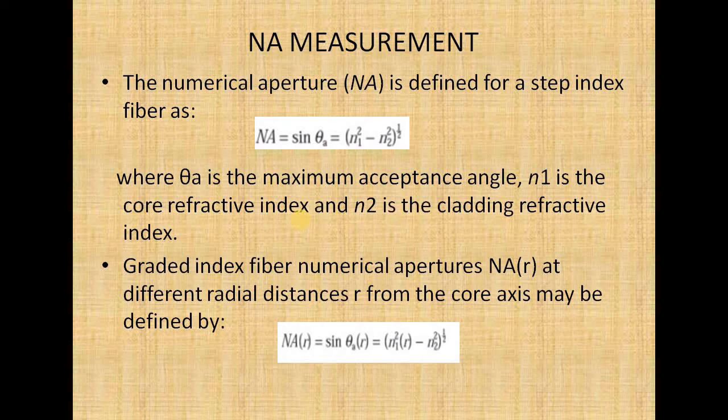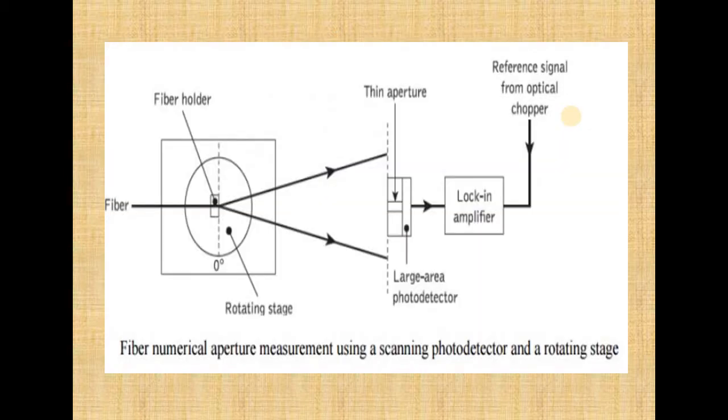The light is incident on the fiber end face from a medium with refractive index n0, which is unity. This setup shows the numerical aperture measurement using a scanning photodetector and a rotating stage.